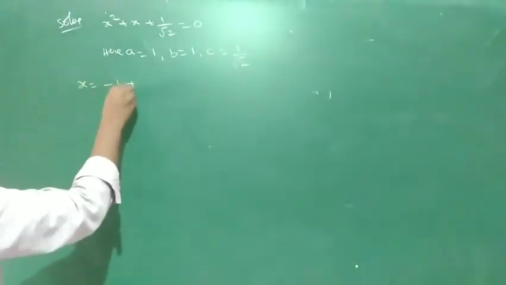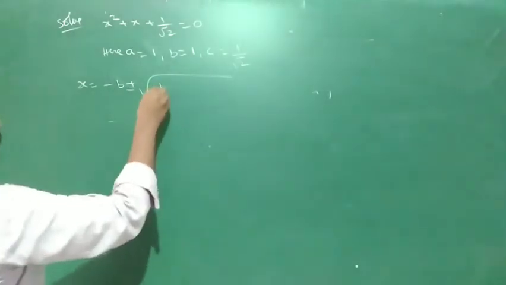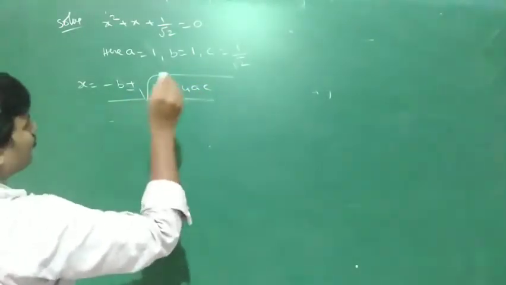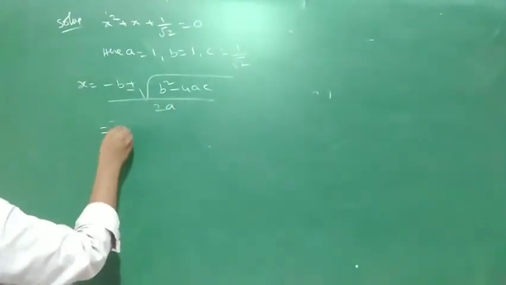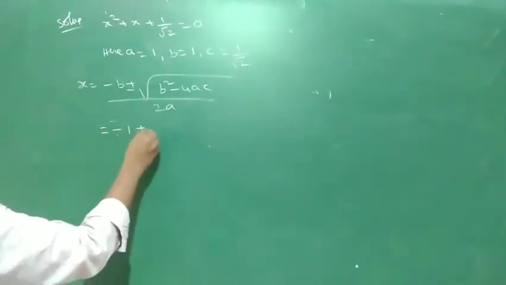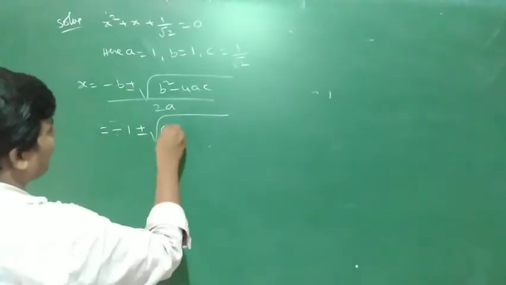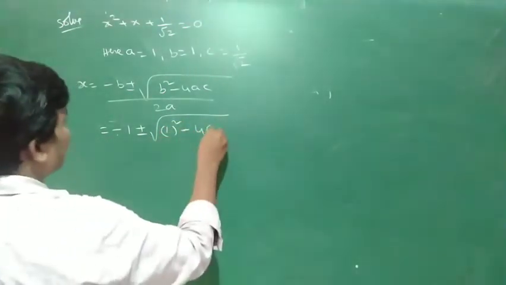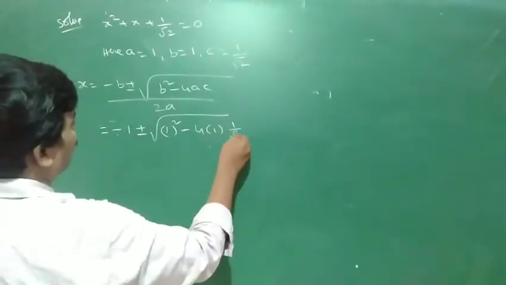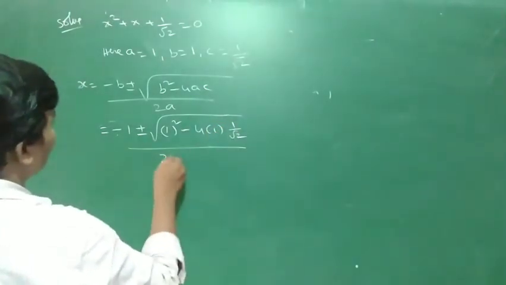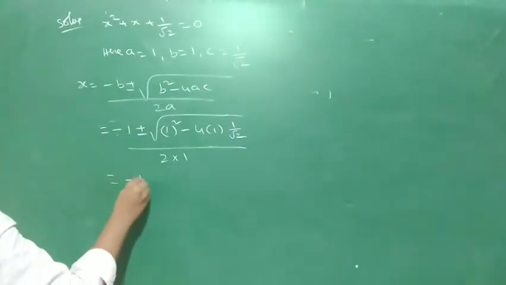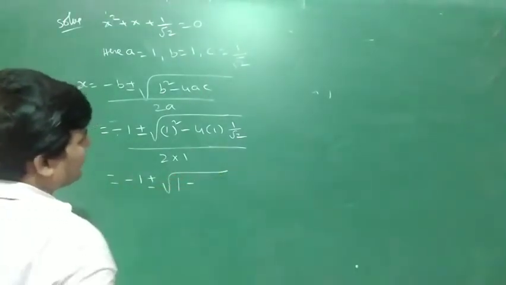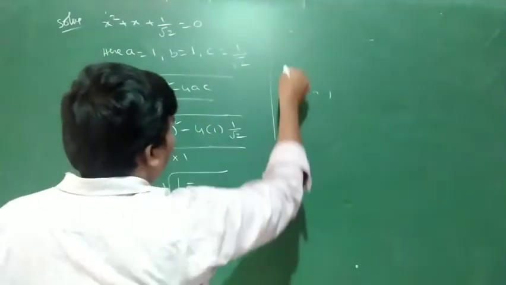Formula: x is equal to minus b plus or minus root of b square minus 4ac by 2a, that is minus 1 plus or minus root of 1 square minus 4ac, with c as root 2, by 2a.